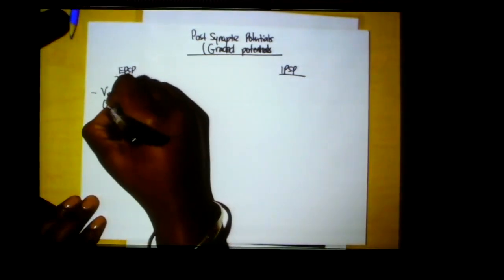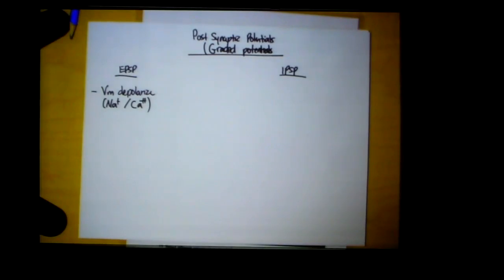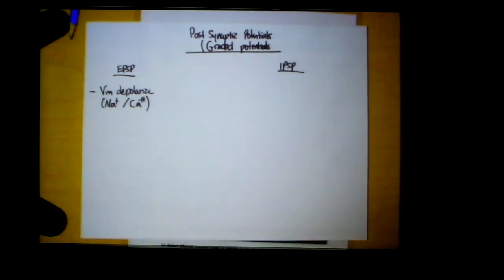That means we're going to open up a sodium or calcium channel. These are positively charged ions. They rush into the cell. This is a depolarizing event. It's not an action potential. It's a graded potential, but it's still a depolarizing event. It could bring us closer to an action potential.